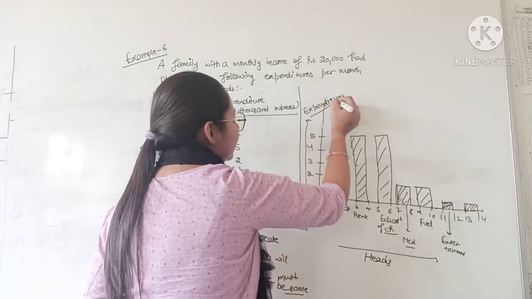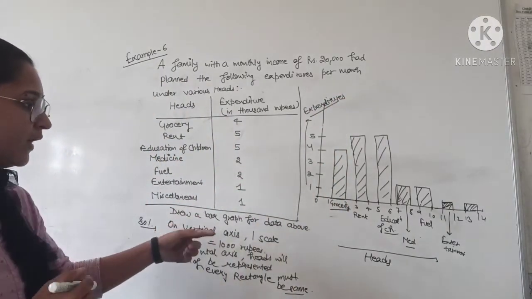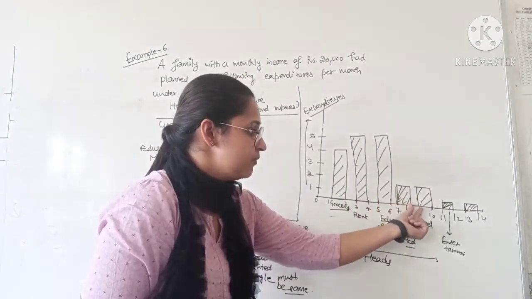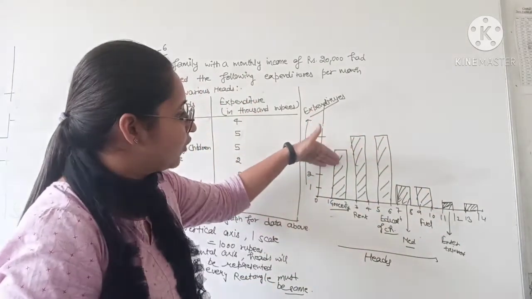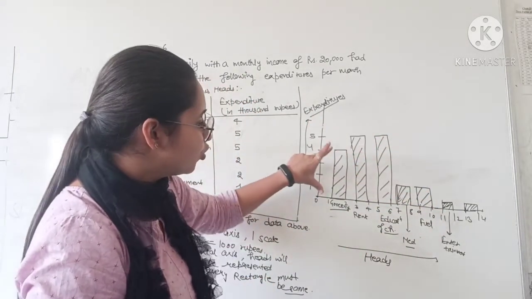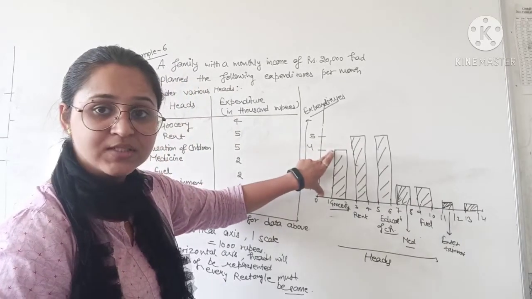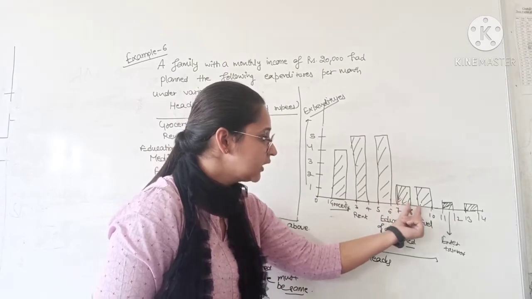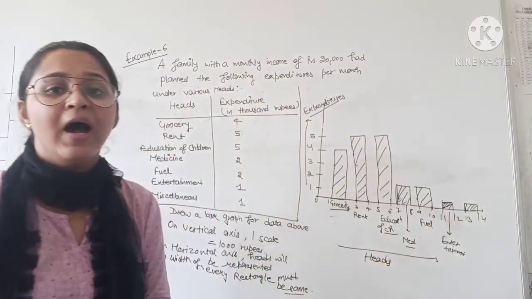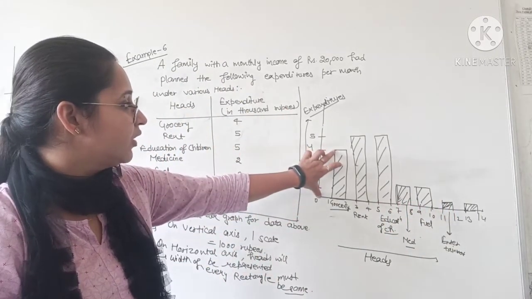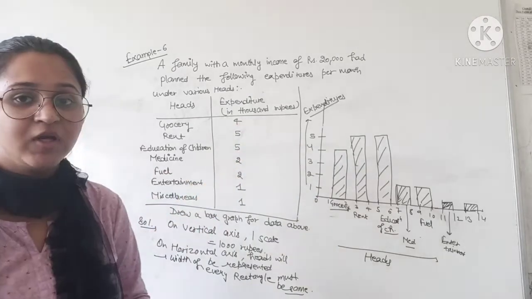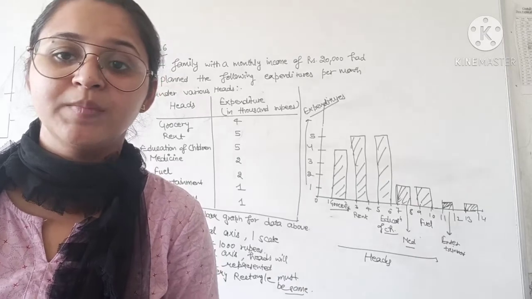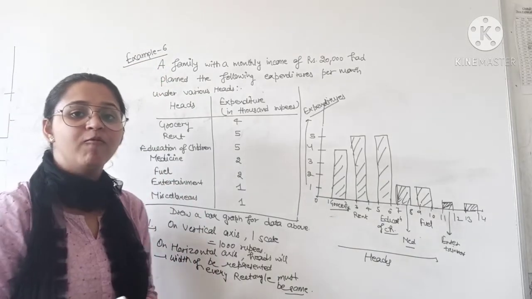This is the bar graph for the table provided, leaving a gap of equal measurement, and we draw rectangles whose length is the frequency and whose width is the same. So this is all about how we can represent our data in the form of a bar graph.